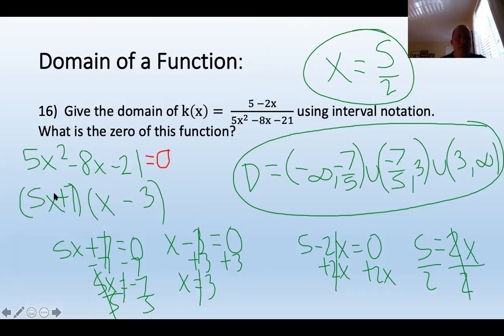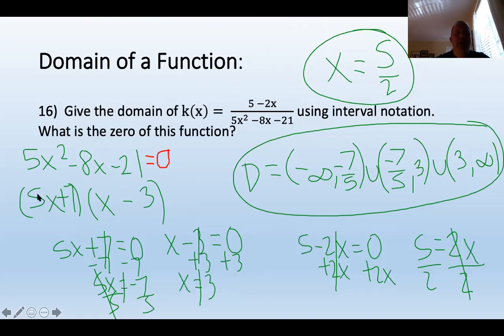Then the numbers have to multiply to give you negative 21, but they don't necessarily add to give you negative 8 because we have the 5 in front of the x. So whatever we put for our numbers, it has to FOIL to give us this original polynomial. Now what I chose was positive 7 next to the 5 and negative 3 next to the x.